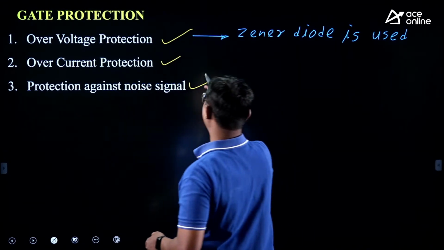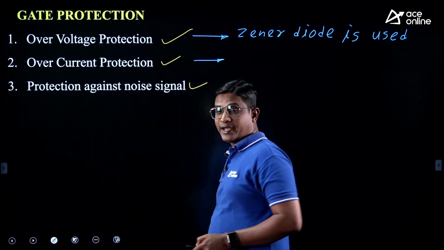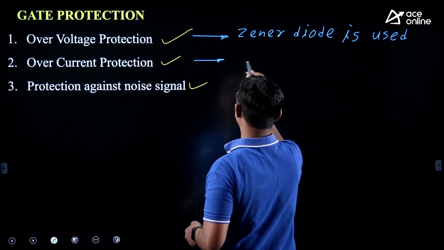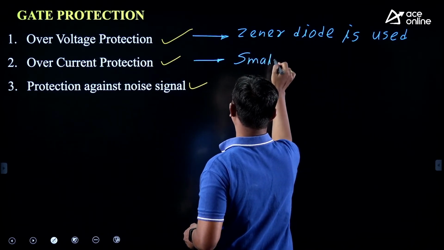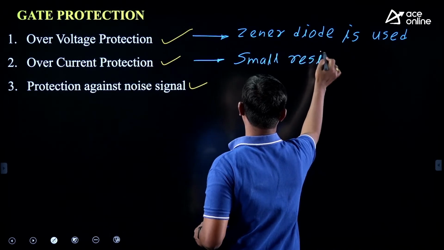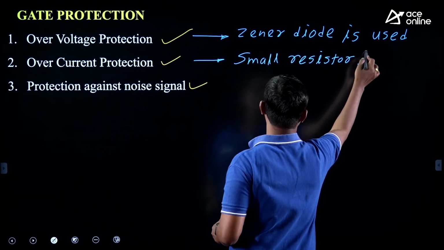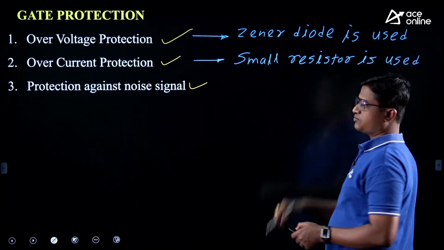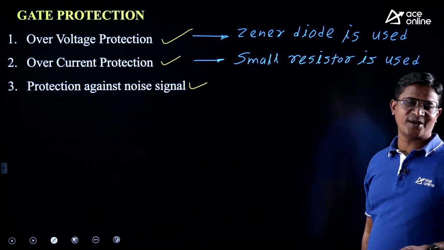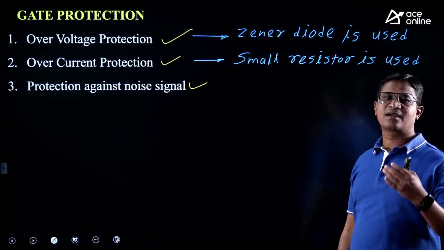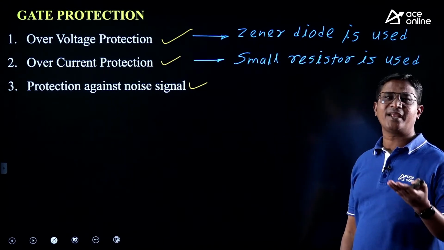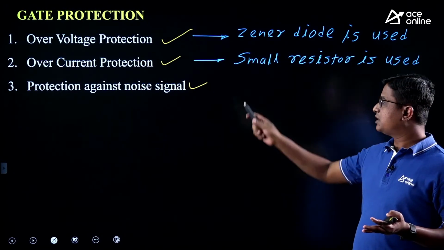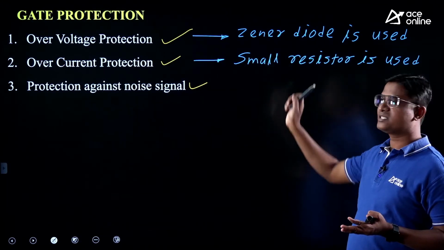Second, over current protection. How to protect the gate cathode circuit of SCR against over current? Here a small value resistor is used. Fuse is not required, because in a gate cathode circuit the current is nothing but the gate current, and that current is hardly in milliamperes. So the current value is low, and that's why only a resistor is sufficient.